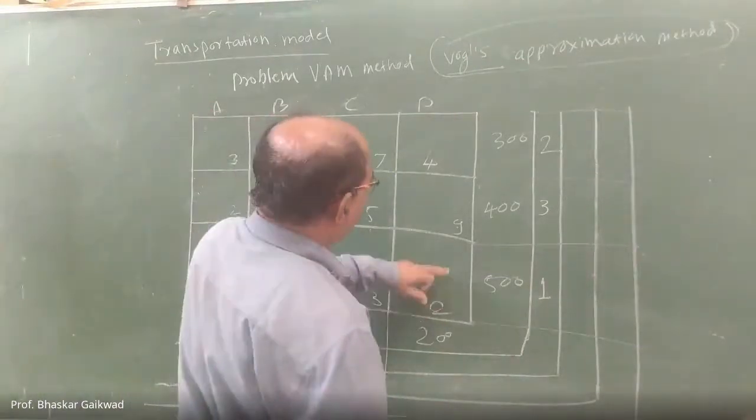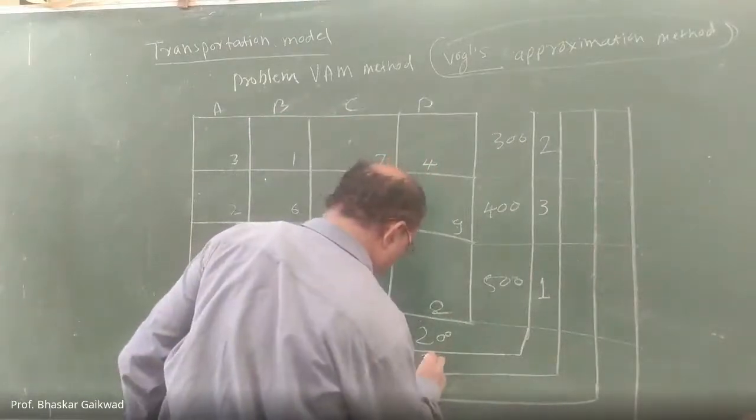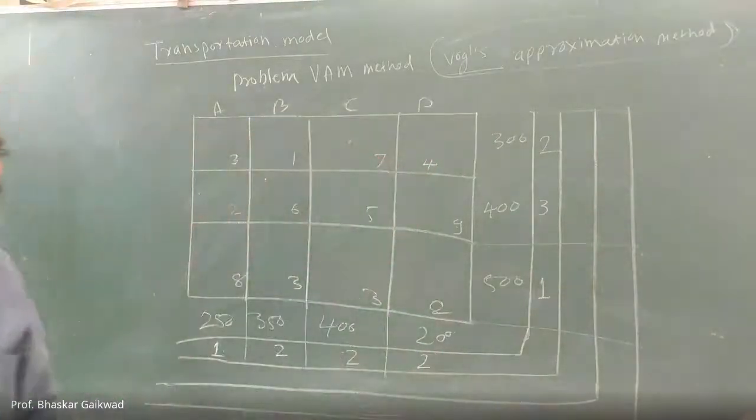And here 2, 4, 2. So this is the first step. Find the difference between the two minimum values of columns as well as rows. After this, you have to select the maximum difference.